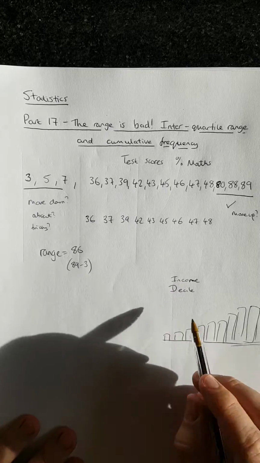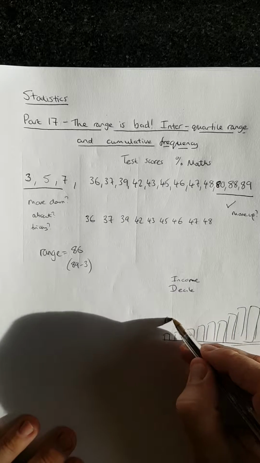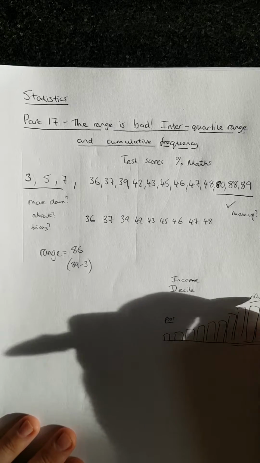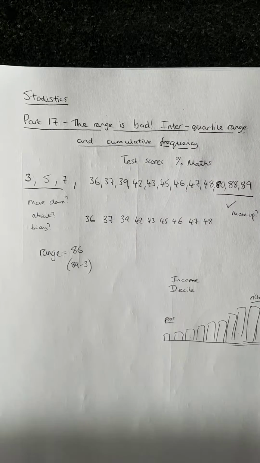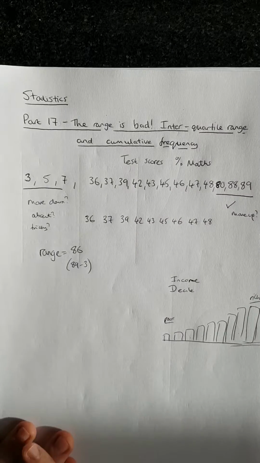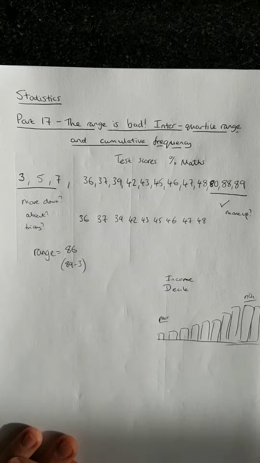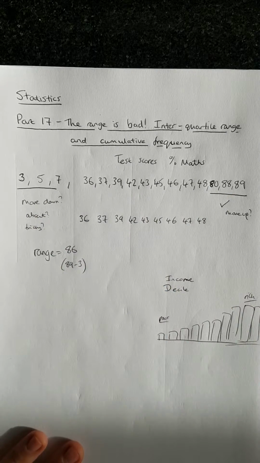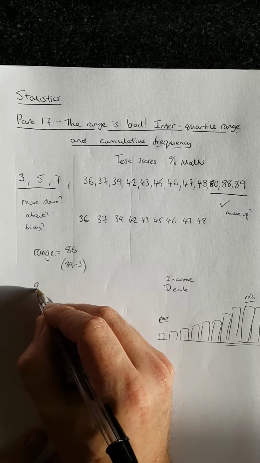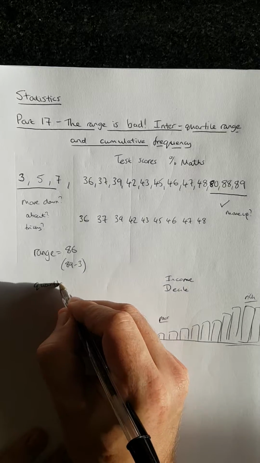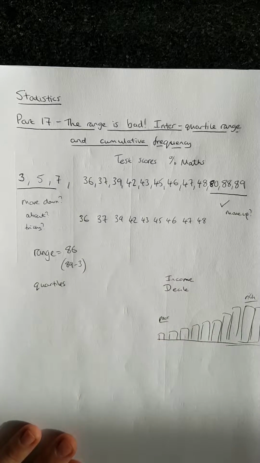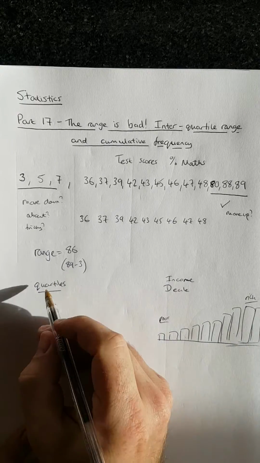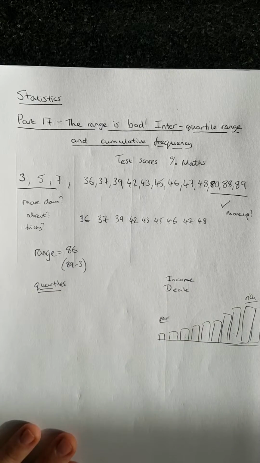Now this is to ensure that the poor, or the less affluent, and the rich, the more affluent, the deal is fair for everyone. So, given that the ends of our data here are quite extreme, we're going to cut our data into quartiles. So quart is 4.